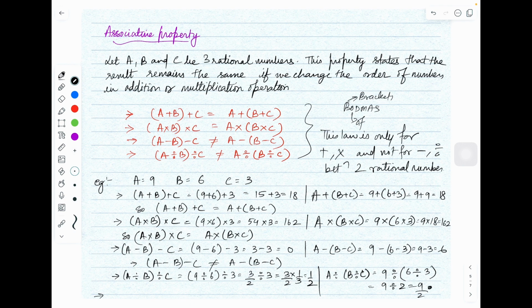So you can say easily (a ÷ b) ÷ c is not equal to a ÷ (b ÷ c). Understood? Here you are getting 1 by 2, here you are getting 9 by 2. Okay, so this division is also not applicable.